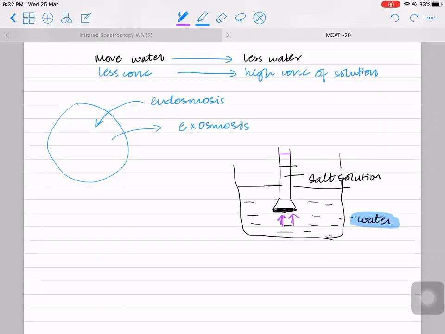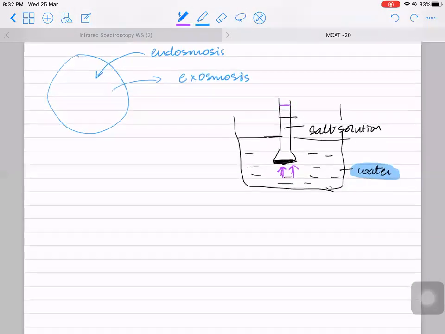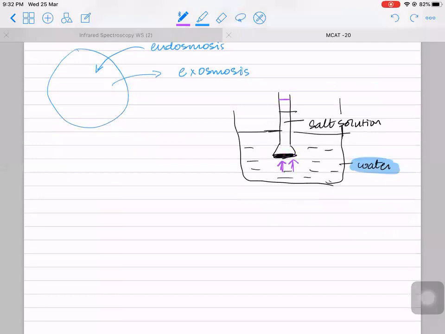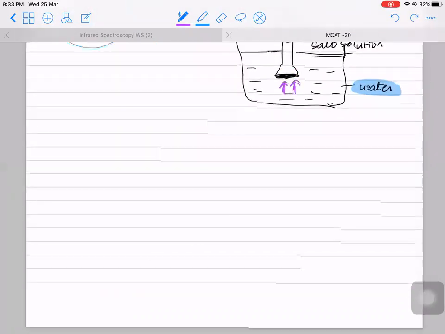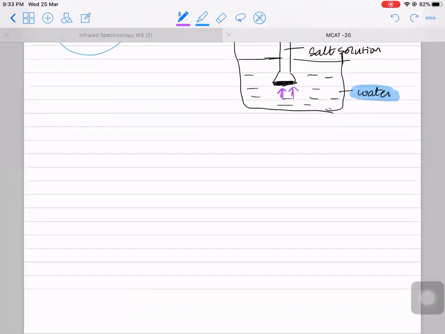And you can see that because the height of the funnel would rise. You will see an increase in height because water will be moving inside. That's why people who take a high salt diet have water retention. We call it edema. Why? Because on a high salt diet there will be more salt in your tissues and in your cells. Since there's more salt in your cells, the fluids or the water outside the cells will start moving inside the cells.